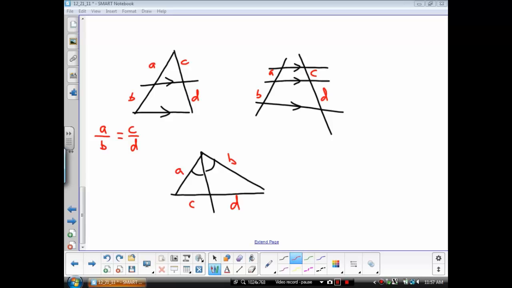Using properties of proportions, we can come up with some other proportions that must be true. All we have to do is change our direction. So instead of going down both times, we could go left to right both times.